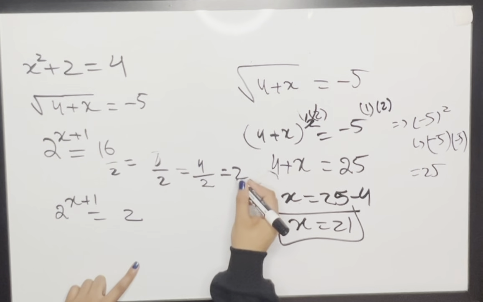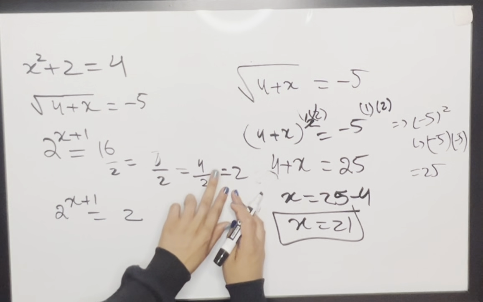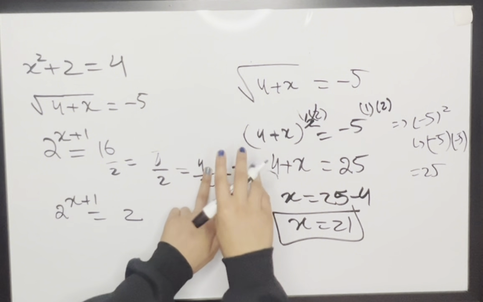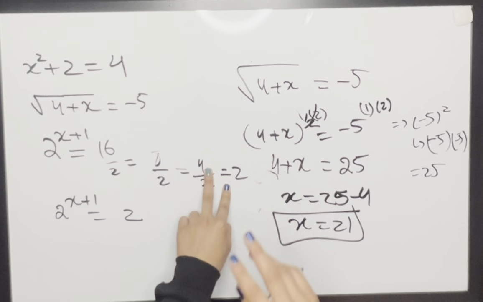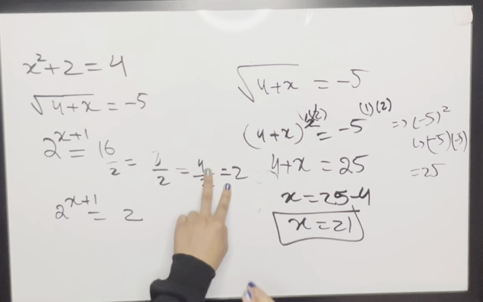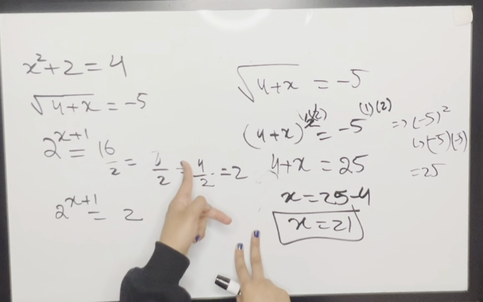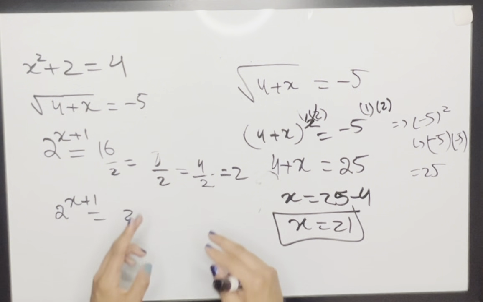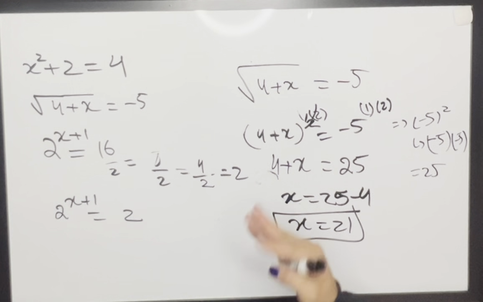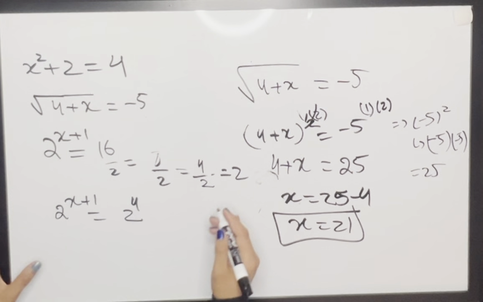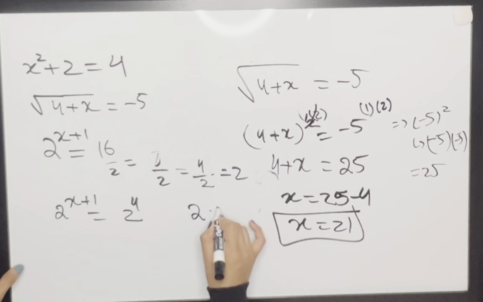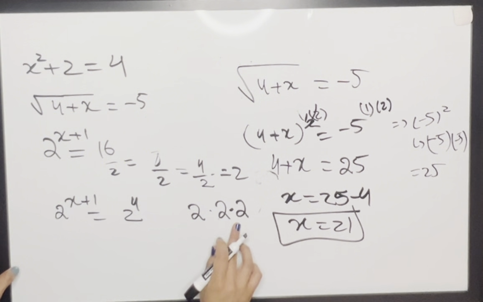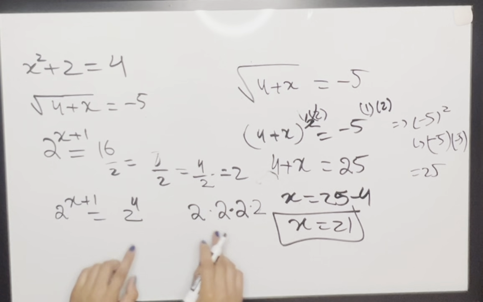If I do 2 times 2, meaning if I multiply it by 2, I get a 4, and then 4 times 2 is 8, and 8 times 2 is 16, which means I'm multiplying 2 four times by itself. How did I do it? I did 2 times 2, that's going to give me 4. 4 times 2 is going to give me 8. 8 times 2 is going to give me 16.